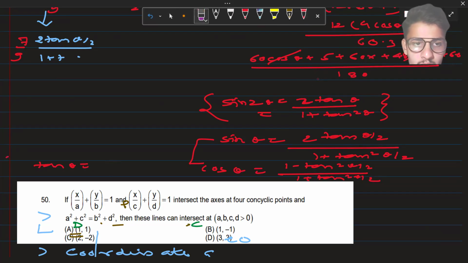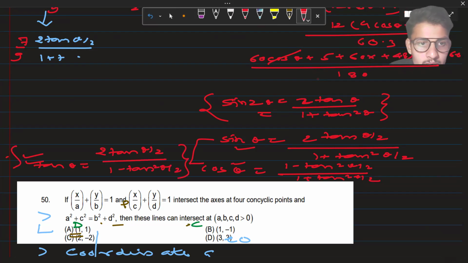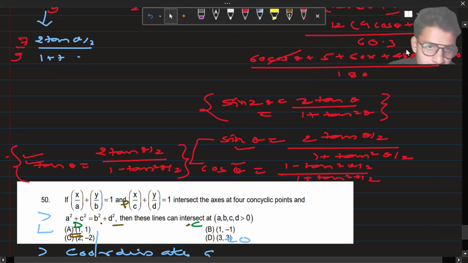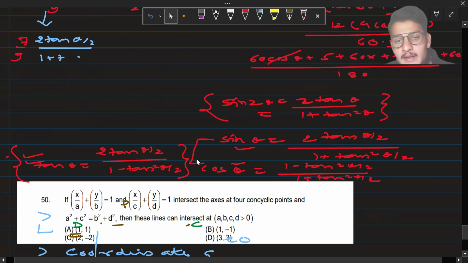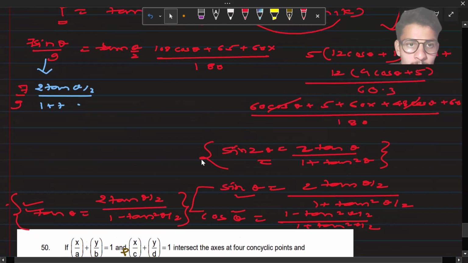So you don't need to remember tan theta if you know sin theta and cos theta, because tan theta is sin theta upon cos theta. If you remember sin theta and cos theta, then there's no need of remembering tan theta, because sin theta and cos theta will get divided, and you will receive the tan theta value.